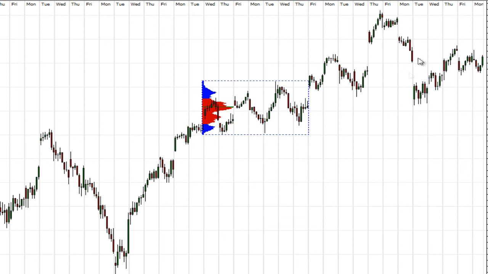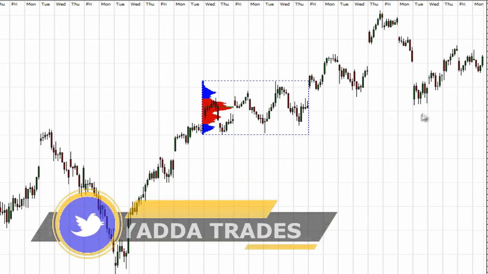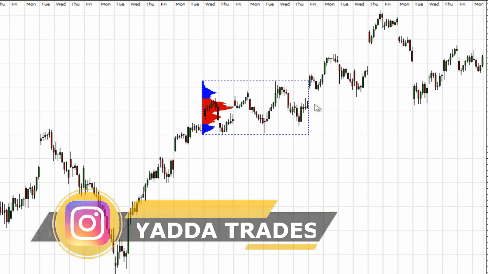We would have seen a major gap down, and it would have just looked like everything was going to crash. But this was actually a great buying opportunity. From a market analysis standpoint, this was a place where we would have expected the bigger time frame buyers to come in, which they did based on this previous market action.